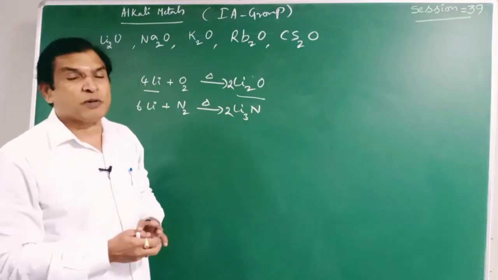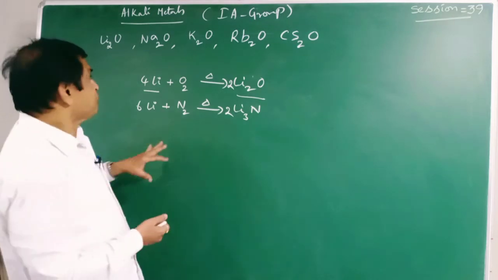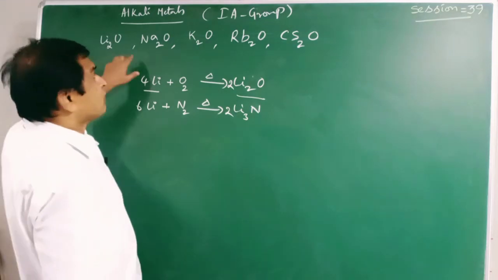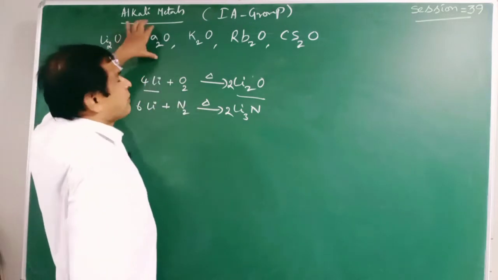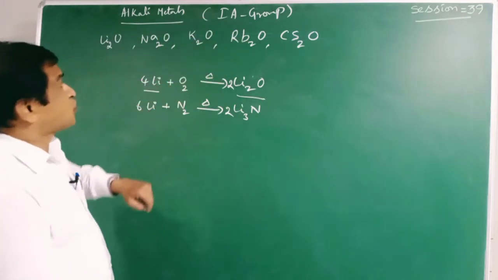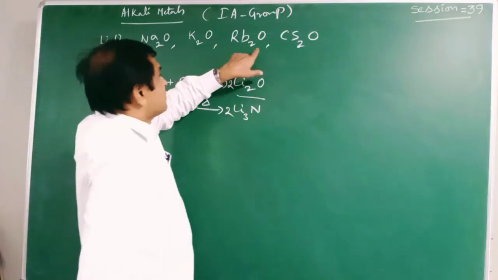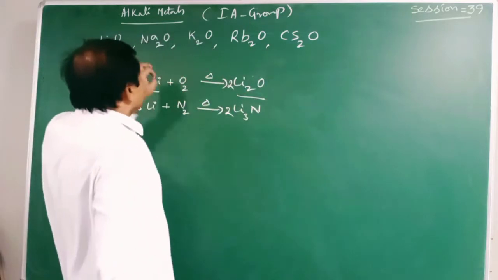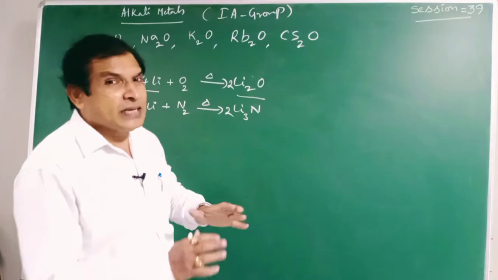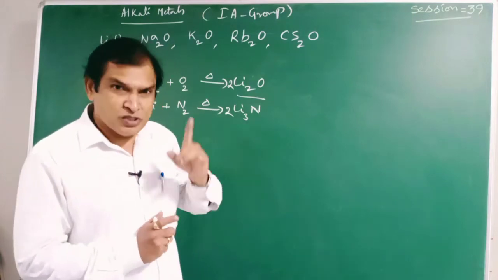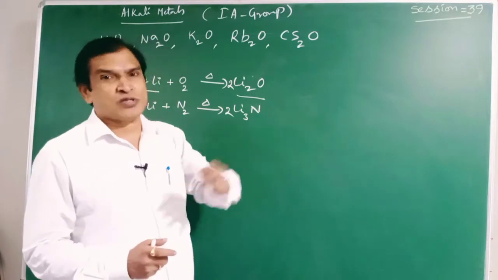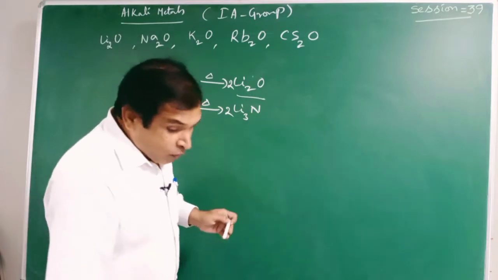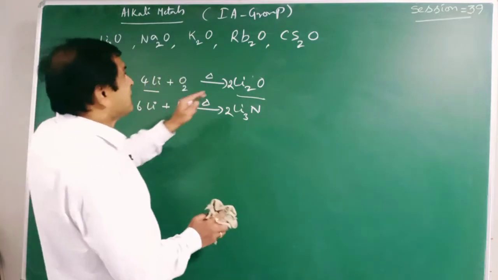That is the special property of lithium. The rest of the alkali metals, when burnt in a limited amount of oxygen, give sodium oxide, potassium oxide, rubidium oxide, and cesium oxide, the corresponding monoxides.